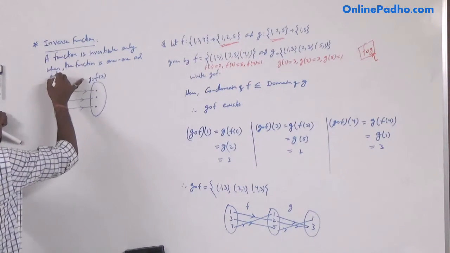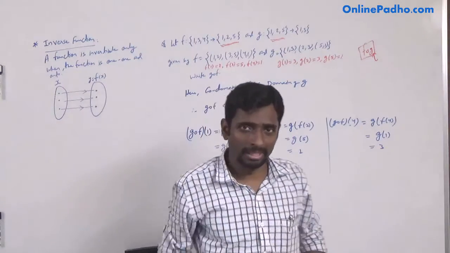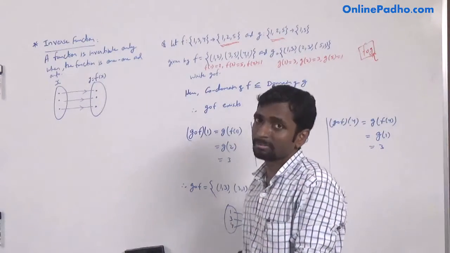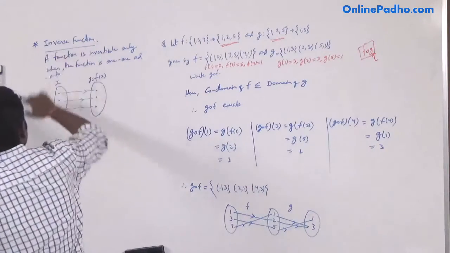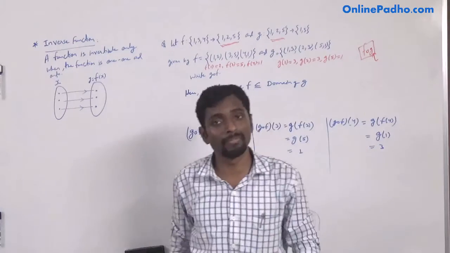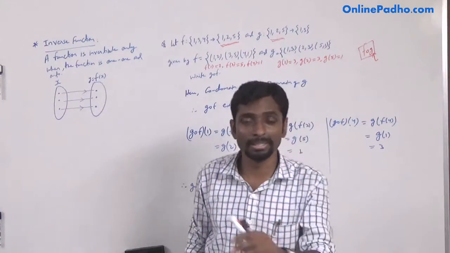You can also say that the function must be bijective. If a function is bijective, we can find the inverse of the function. That function is invertible. If a function is not invertible, we cannot find the inverse. We can find the inverse of a function only when that function is bijective.